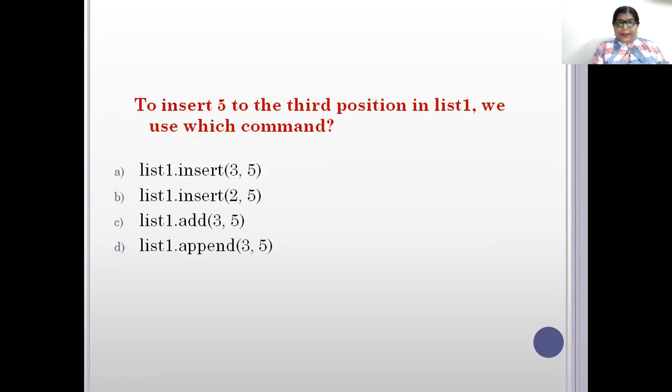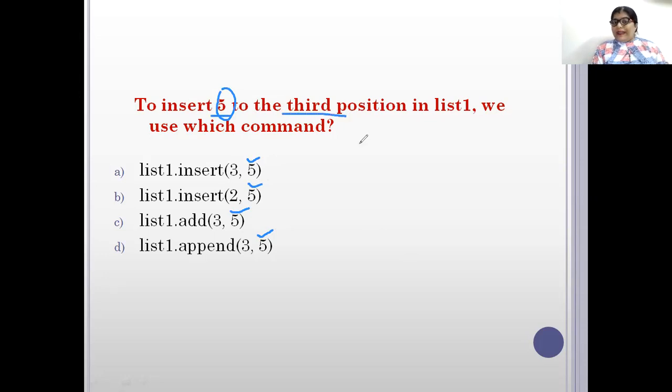Next question. To insert the 5 at the third position in the list L, they are saying insert the 5 at the third position in the list. Obviously the second word, 5, is given here. But they give it at the third position.